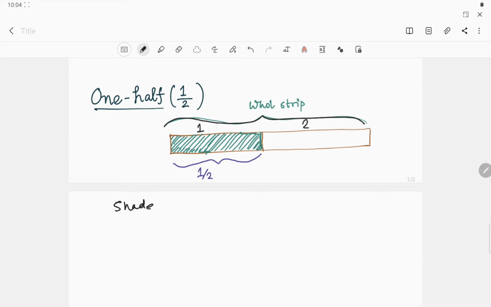Shaded portion, one part out of two parts. In number you can say 1 by 2, right?